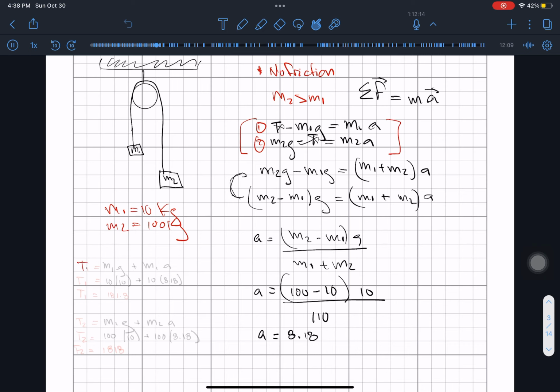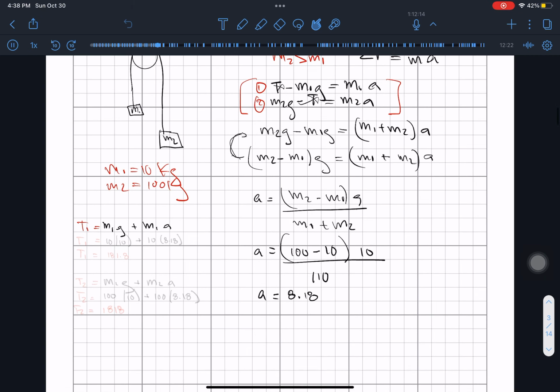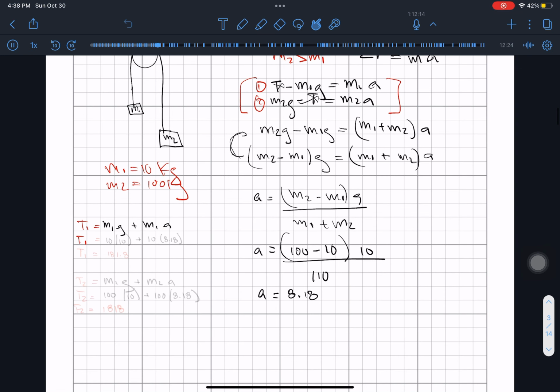Okay, so given the acceleration, let's find the tension for block 1. The tension of block 1 is equal to the mass of the object times the gravity plus the mass of the object times the acceleration of the object. So T1 equals, what's the mass of the object?